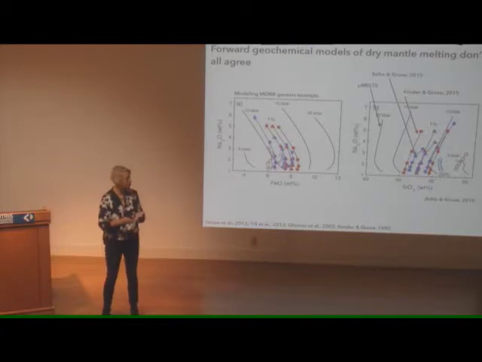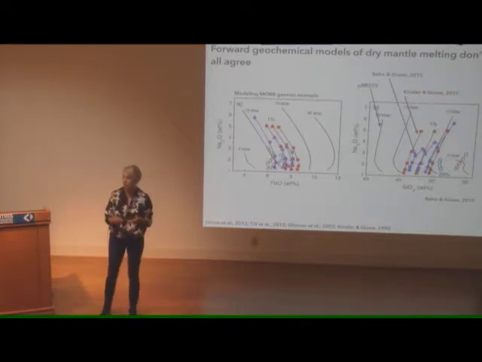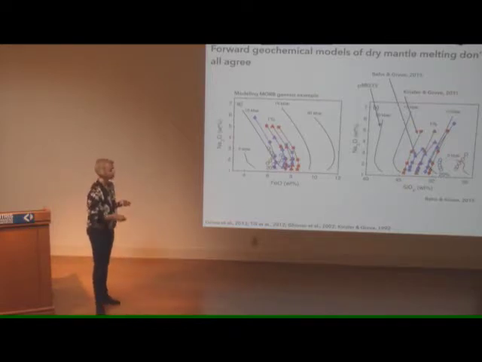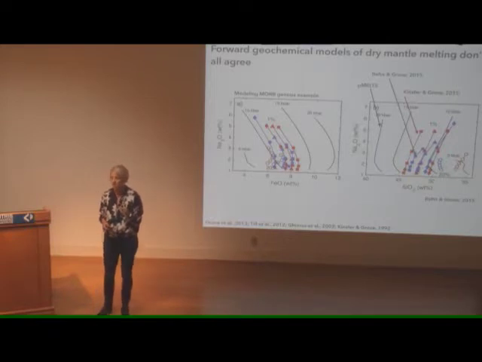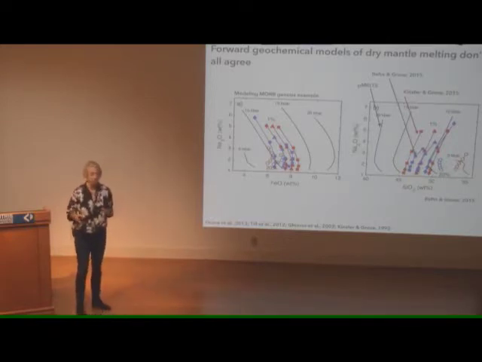It's trying to update Kinsler and Grove. It's also incorporating experiments that have been done on variably metasomatized mantle or variably depleted mantle. And so it's trying to do a really good job at upper mantle melting that is dry, essentially, but could have variable bulk compositions.